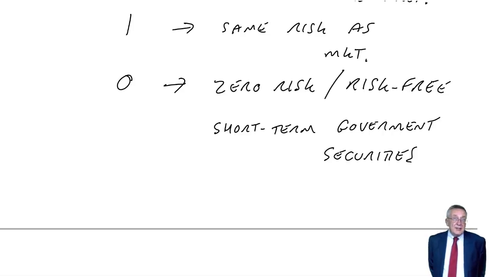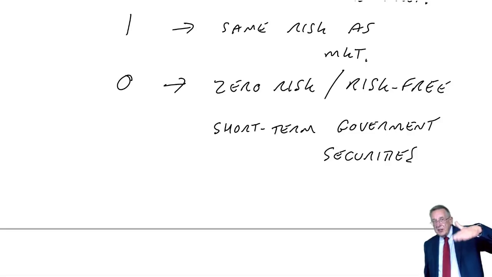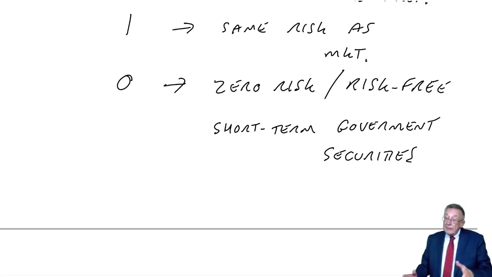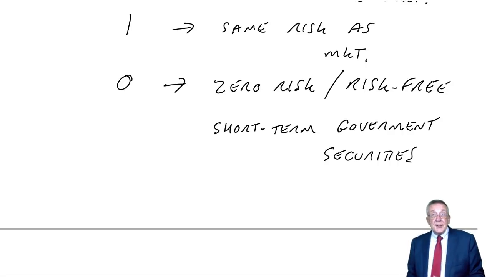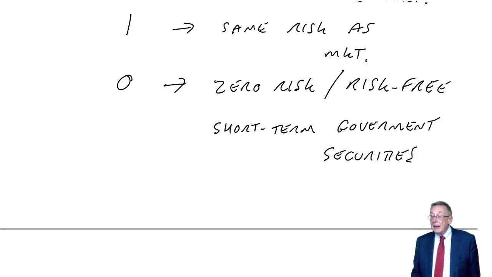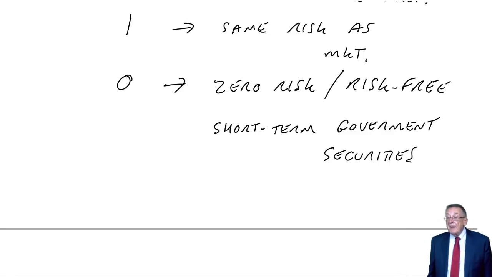And the reason they're the nearest thing we've got to risk-free is that, A, they're paying fixed interest. So the income's fixed. Remember, it's fluctuations in income that create the risk. Here you're getting fixed interest. But also, if they're short-term, the chances of the government collapsing and not paying the interest are obviously fairly remote. I mean, it could happen, but it's the nearest thing you've got to something with no risk.